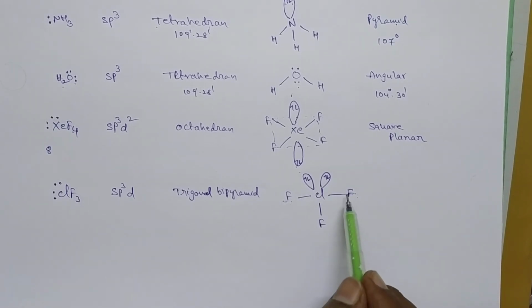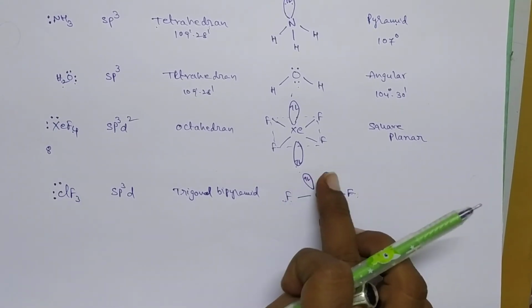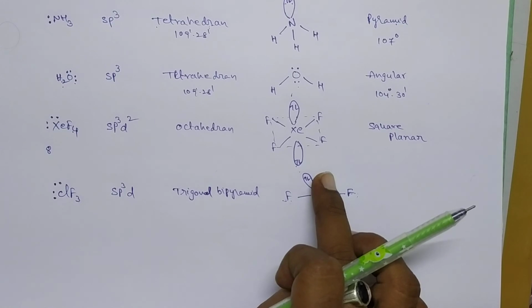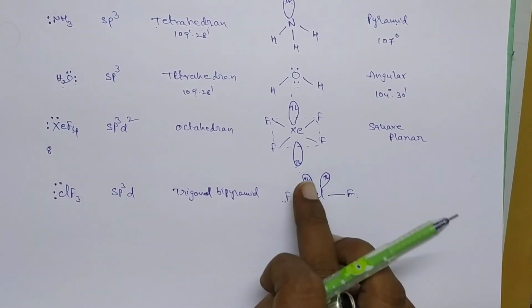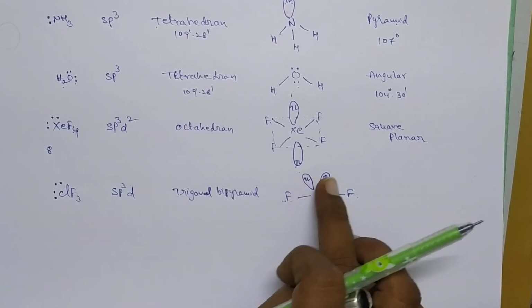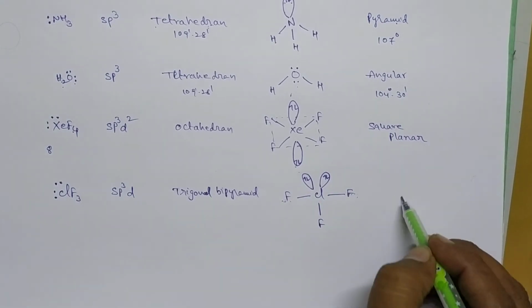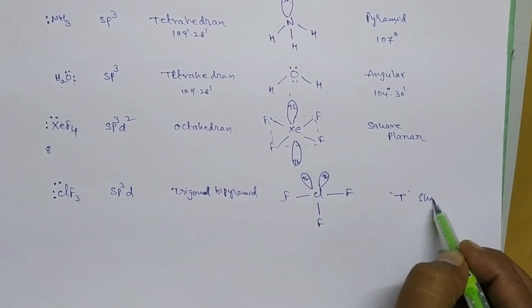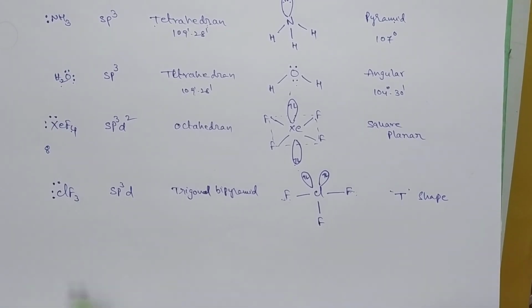Axial position means perpendicular to the plane. These lone pairs are present at the equatorial positions. If the lone pairs are present at the equatorial positions, then it will be the more stable form. In this way it has a T shape. So ClF3 has a T shape.